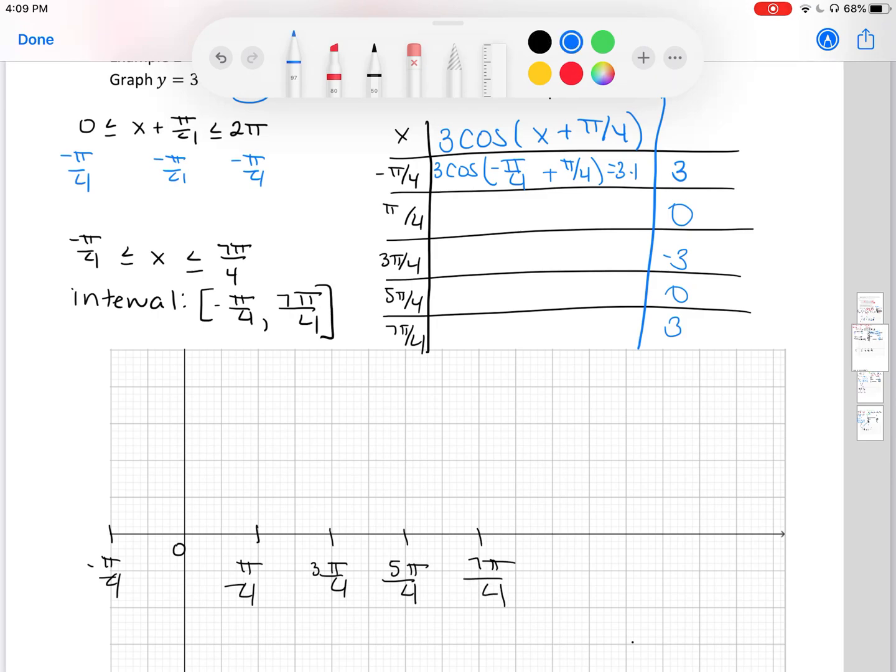And our graph goes from 3 to negative 3. So we have 3, 0, negative 3, 0, and 3. So we have positive 3, and at pi over 4 we have 0, and I have negative 3, 0, and up to 3. And here is our graph.